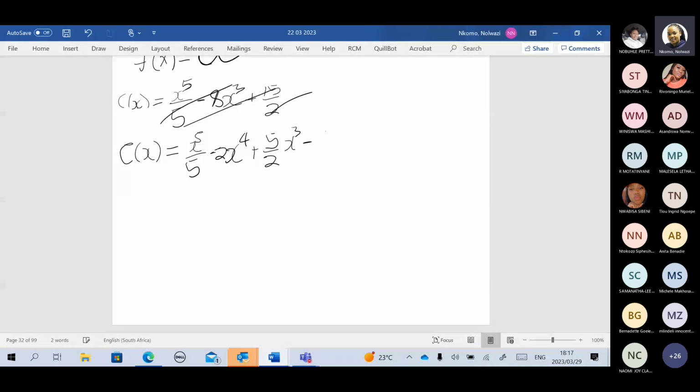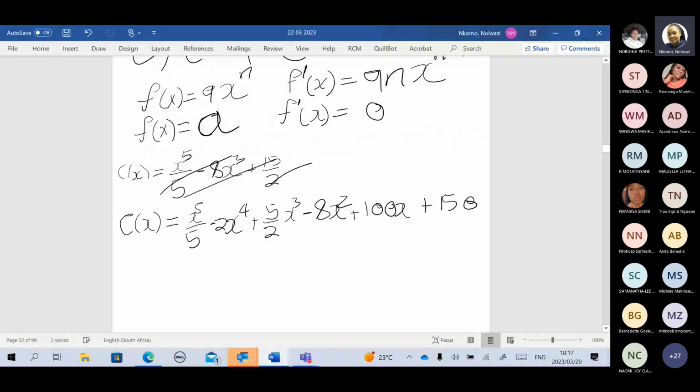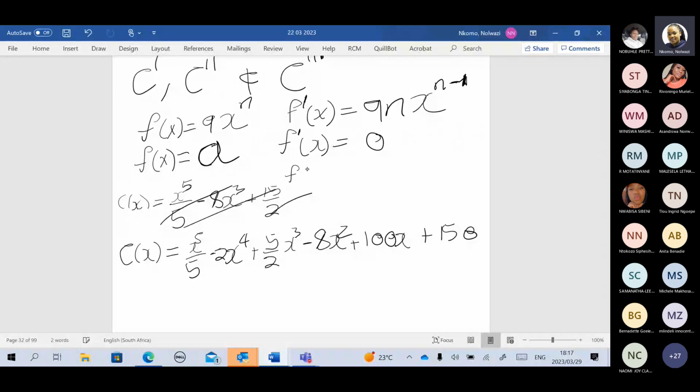And then another thing, if f of x is equal to f1 plus f2, then the derivative f prime will equal the sum of the derivatives of f1 and f2, meaning f prime of x is equal to f prime 1 plus f prime 2, right? Okay, and then we can do the derivative of each term separately.